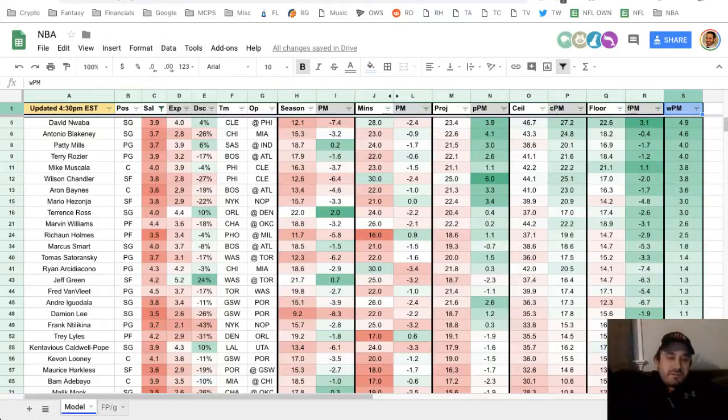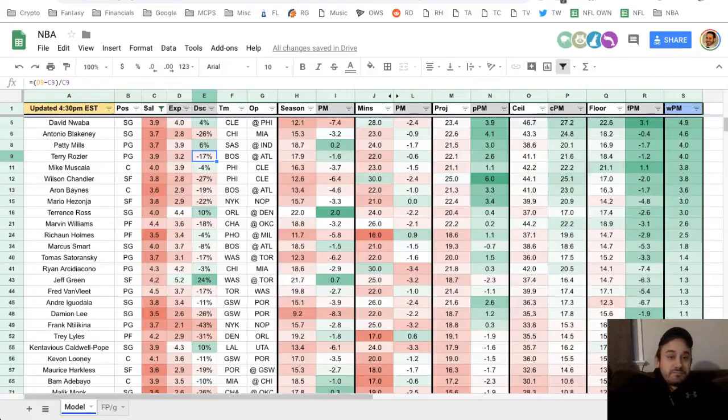All that is baked into it, and then added to that is the discount. Okay, so the discount can give you some context here. So yes, your top three guys are Nwaba, Blakeney, Mills, and Rozier. Those are all your guys over 4.0 in weighted plus minus.